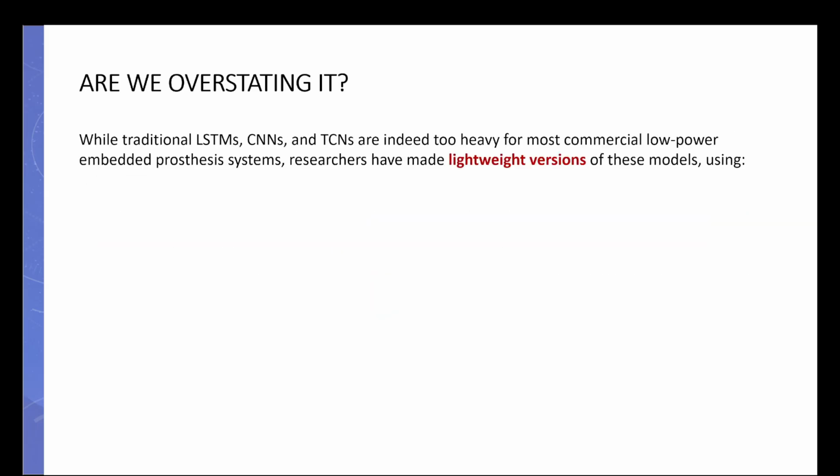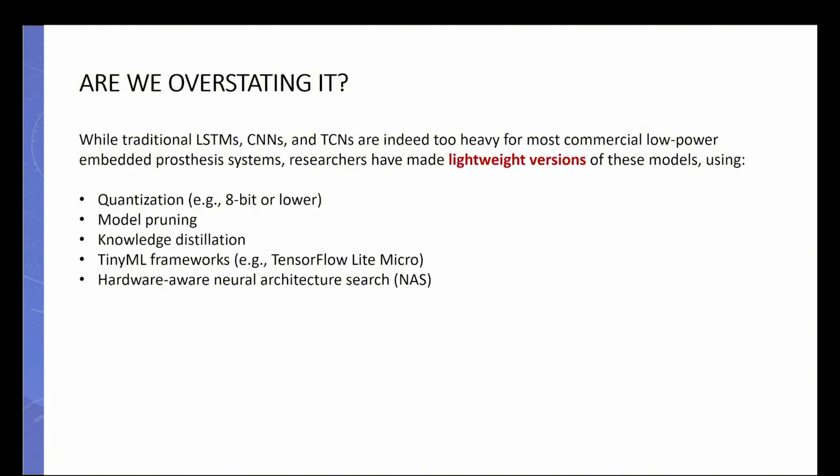However, are we overstating this by saying these models are demanding? While traditional LSTM, CNN, and TCN are indeed very heavy for most low power embedded prosthesis systems, researchers didn't stop at that, and they have been continually making progress in creating lightweight versions of these models, using, for example, quantization, model pruning, knowledge distillation, TinyML frameworks, and hardware-aware neural network architecture search.